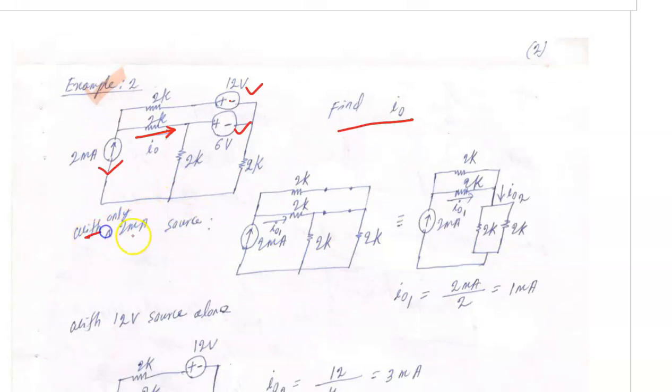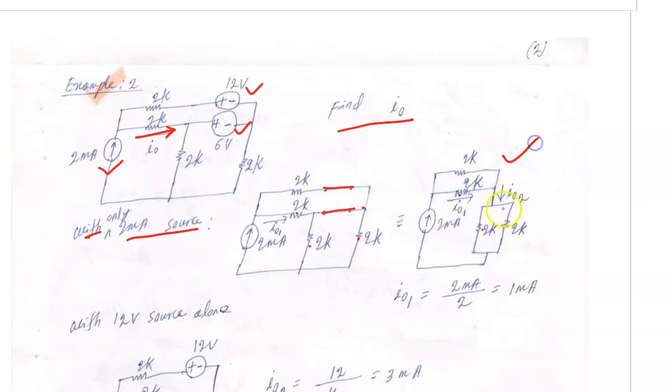So with only the 2 milliampere source active, I have to reduce the 6 volt source to 0, so it will be a short. You can see the branch is shorted here and it is also shorted here. You can see that these 2 kilo ohm resistors are in parallel, this 2 kilo here and this 2 kilo here.